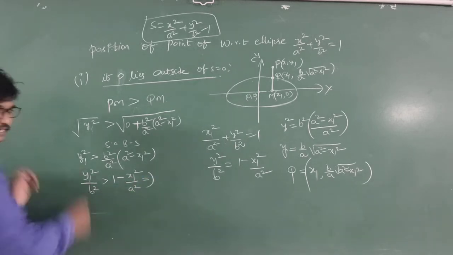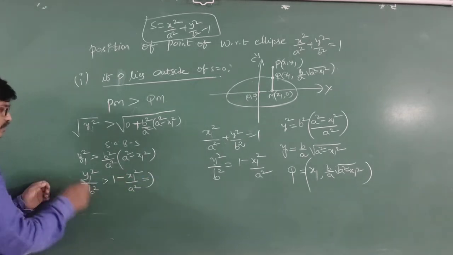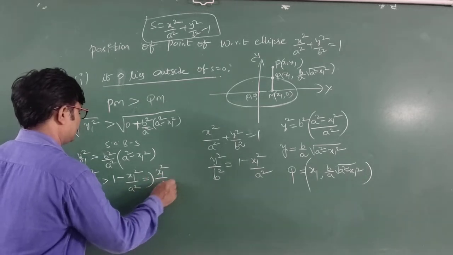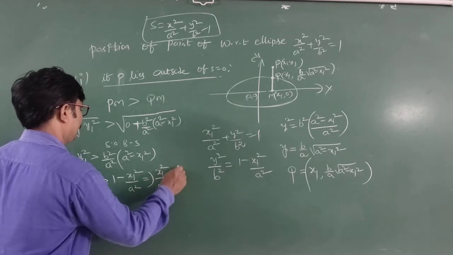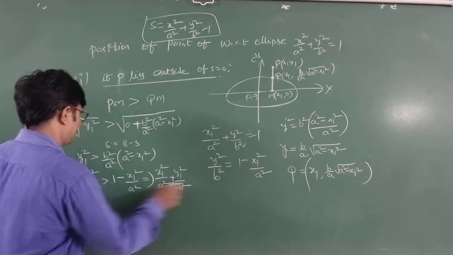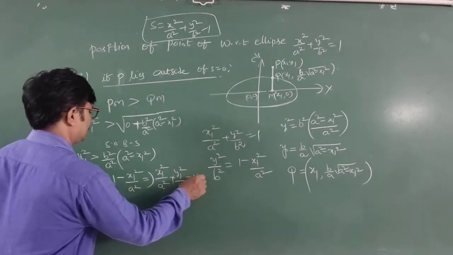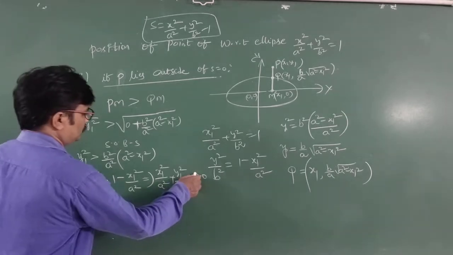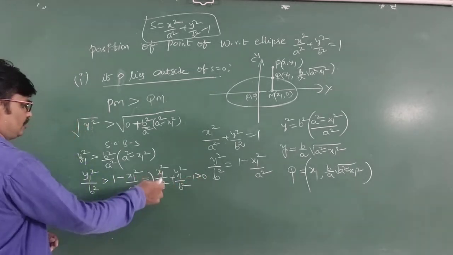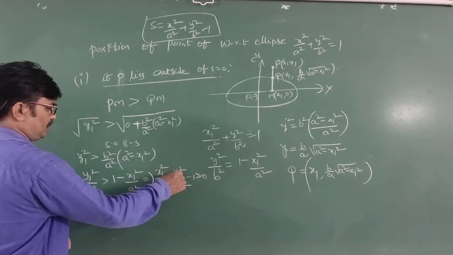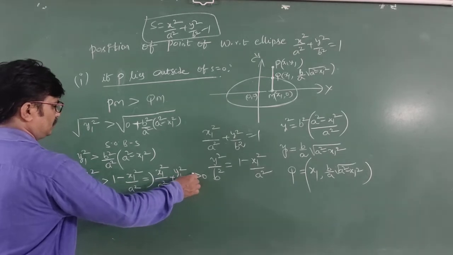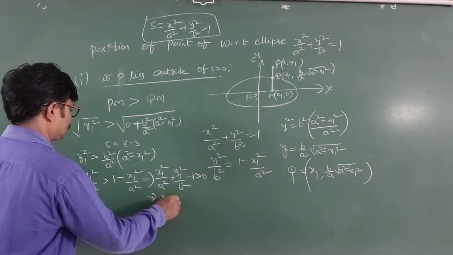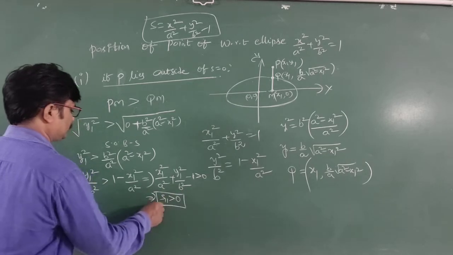So students, sending x1 square by a square to the other side, x1 square by a square plus y1 square by b square, and 1 sent to the other side, minus 1, this is greater than 0. My dear students, x1 square by a square plus y1 square by b square minus 1 is greater than 0. This is nothing but S11 greater than 0.